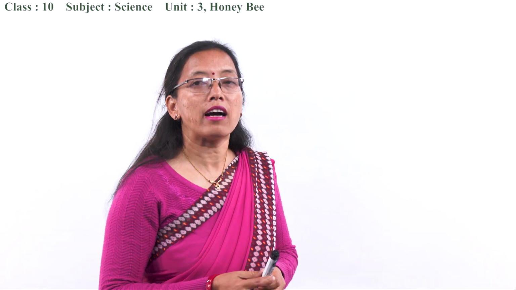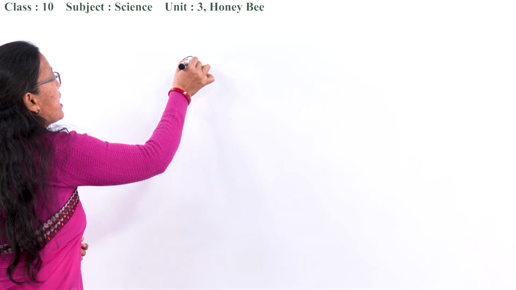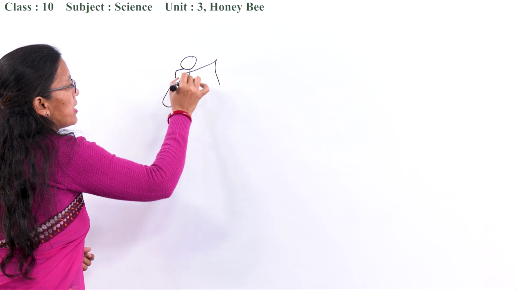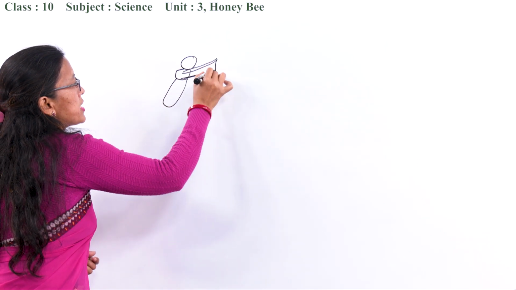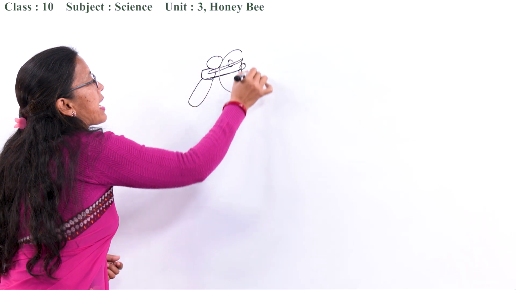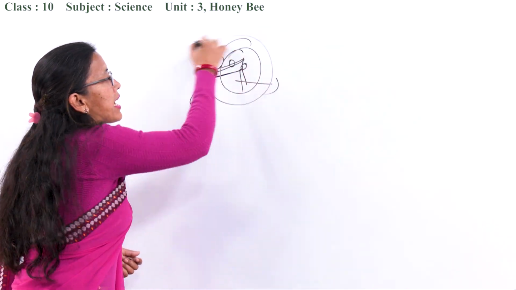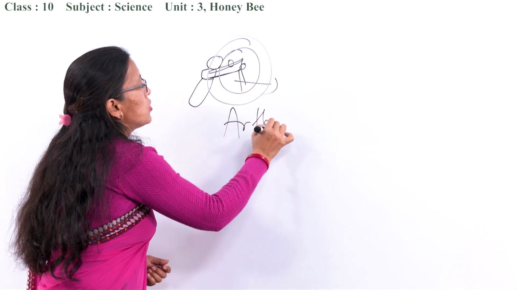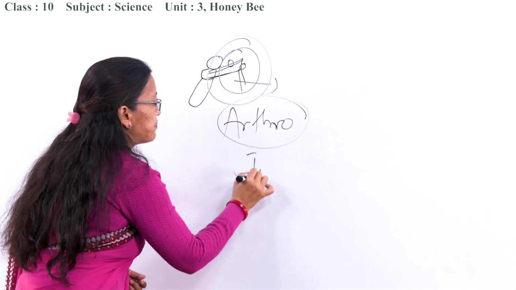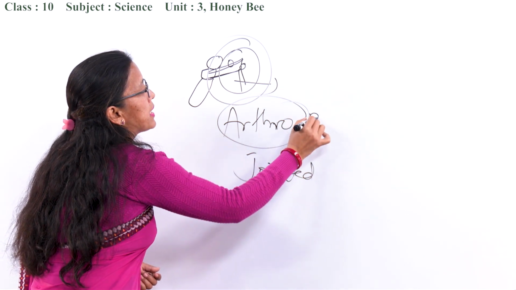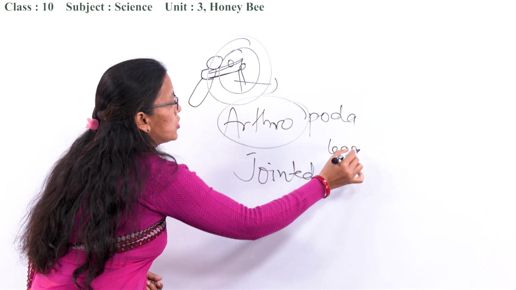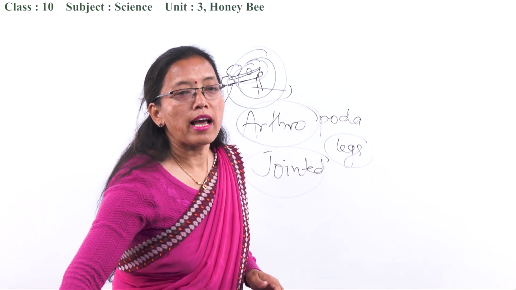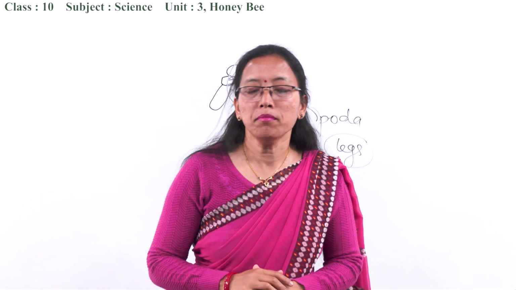Those organisms which have jointed legs like this, that means the legs are joined in this way, are known as Arthropoda. So those which have this type of jointed legs belong to phylum Arthropoda.